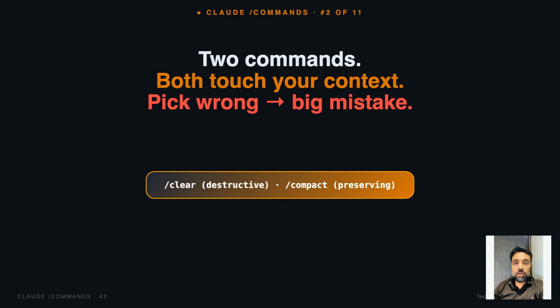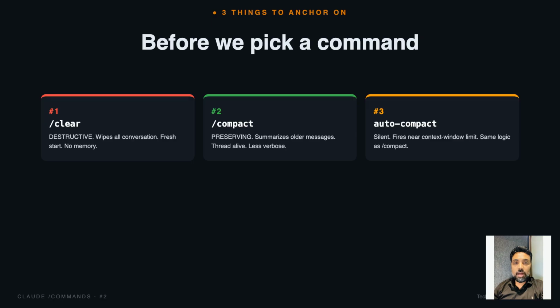Claude still remembers what was discussed, just less verbosely. 3, auto-compaction is a thing. Claude Code automatically compacts your context when it's getting close to the model's context window limit. So /compact is the manual version of something that happens silently in long sessions.